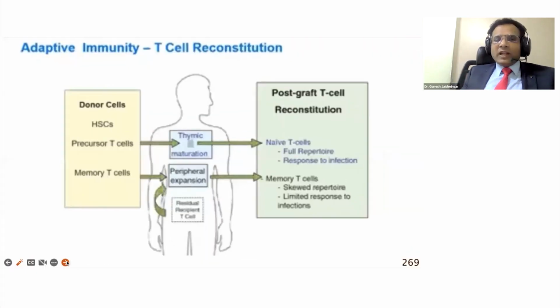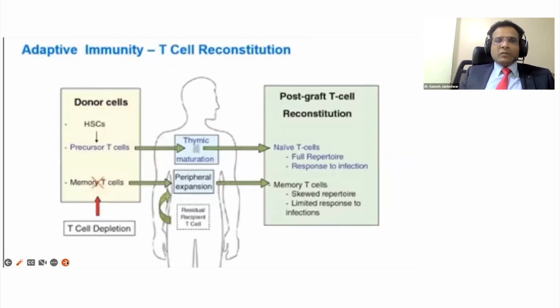Based on that, there is a newer approach to adaptive immunity by way of T cell reconstitution, because it has been found that the naive T cells, which are the major detrimental alloreactive T cells, have a skewed repertoire and limited response to infections.